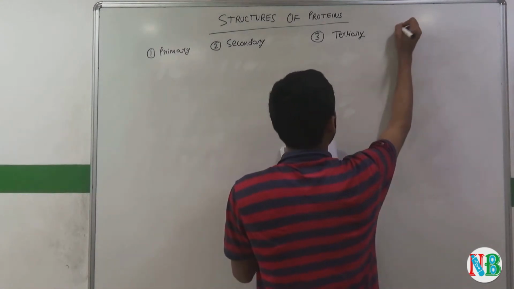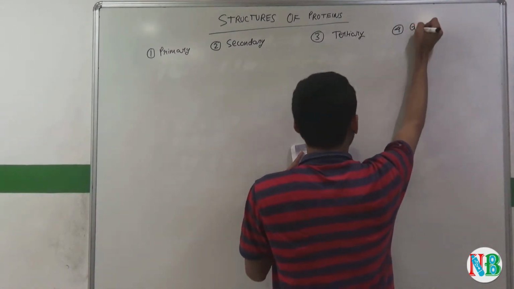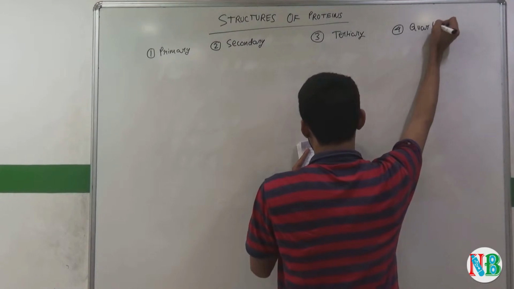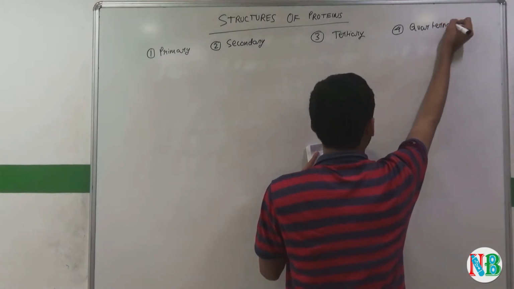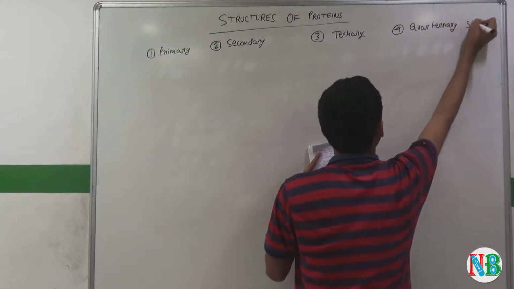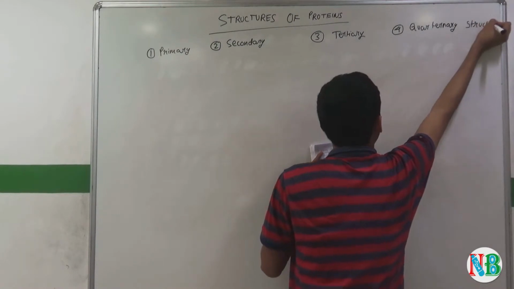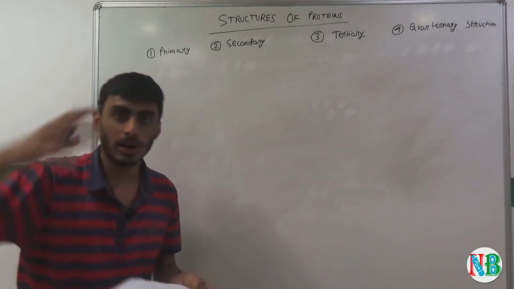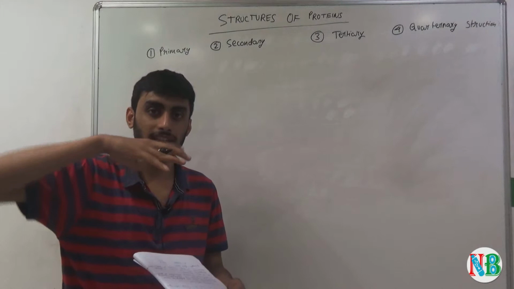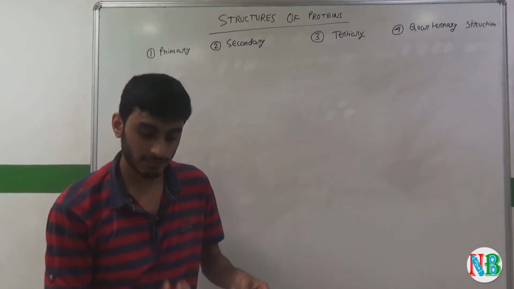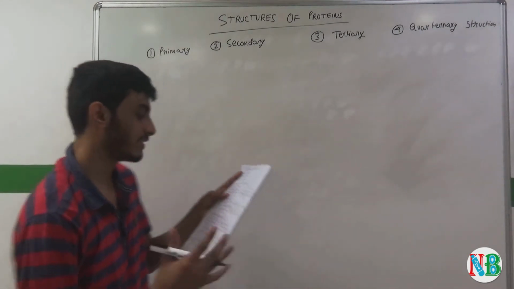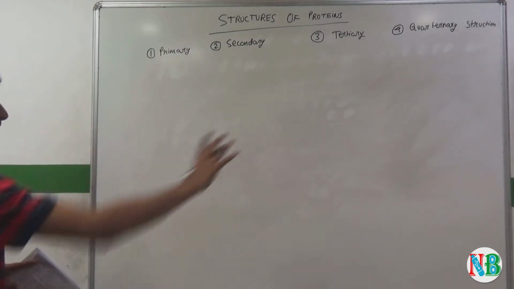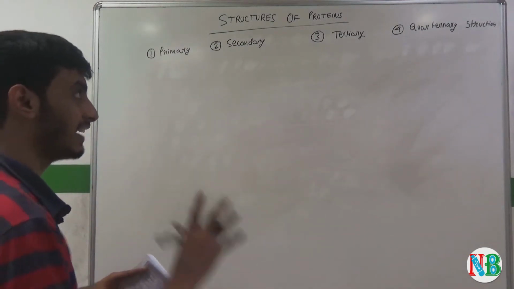And also the 4th one, quaternary structure. On the top you have one structure, then another inside it, and another inside it, and another inside it. I will explain this section using one example.